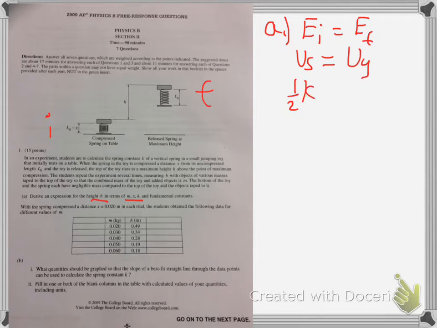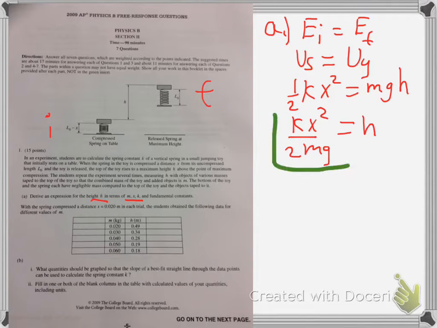So 1/2 kx squared is mgh. So if we're looking for h, it cleans up to kx squared over 2mg. So this fits all of the requirements that they asked of us. They said it had to use m, x, k, and a fundamental constant, which is g.